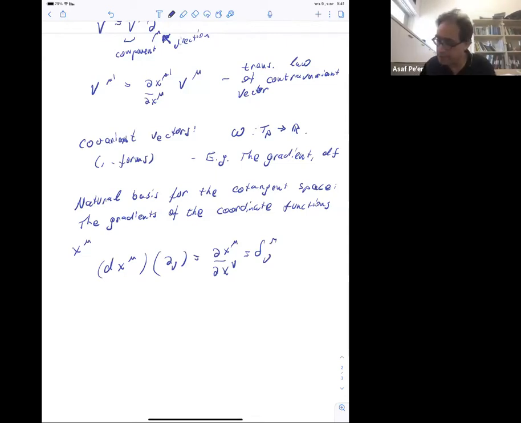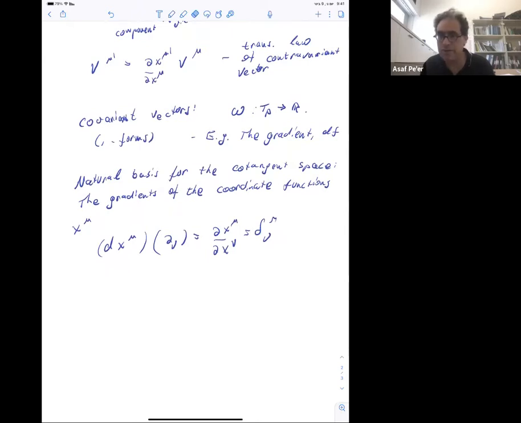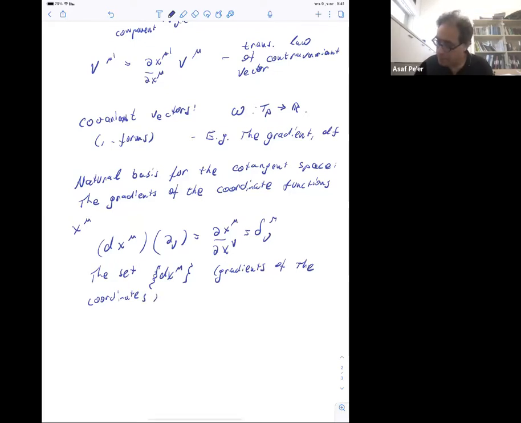So we choose the gradients, the set of all gradients of the coordinates, as a basis of the one forms. The set is appropriate for a basis of the one forms.